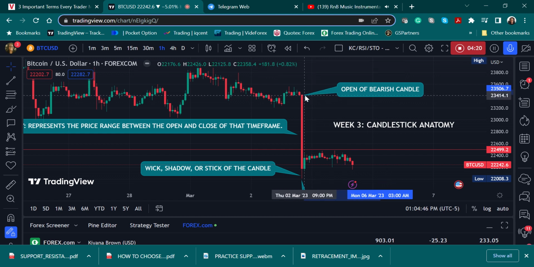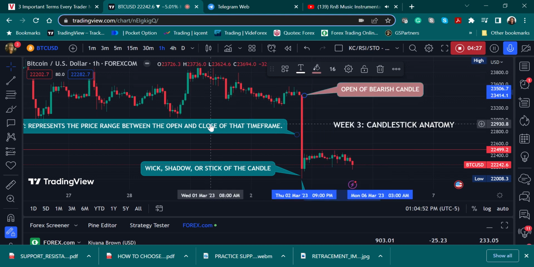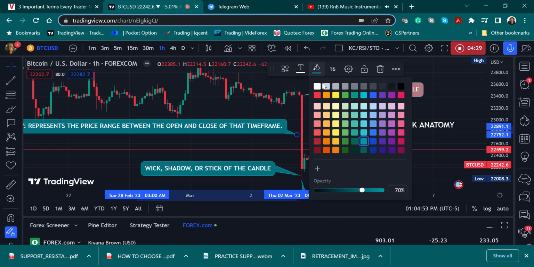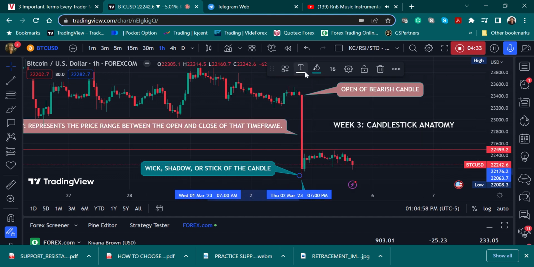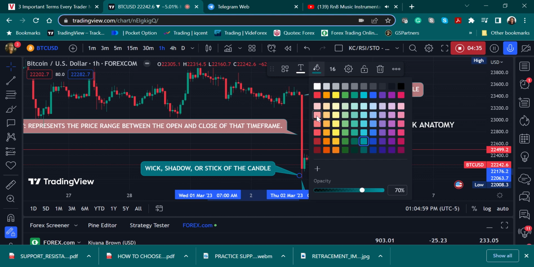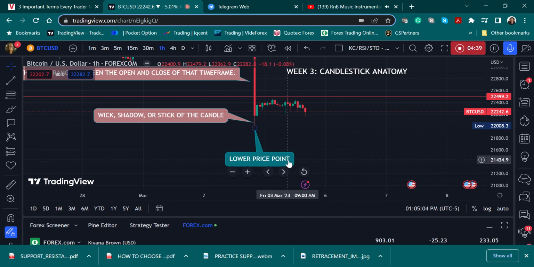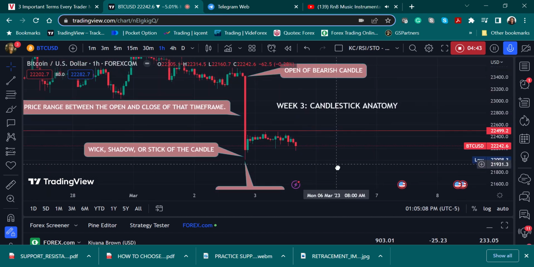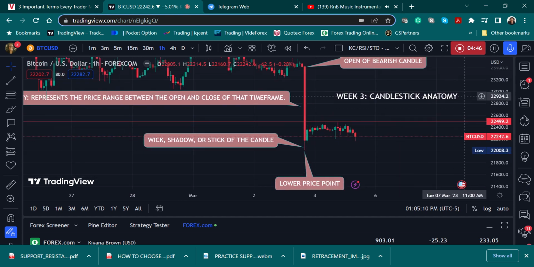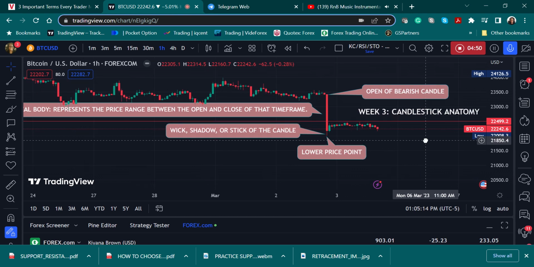I think I want to change that color to a light one, so we know what we're talking about here. There goes the call out. Let me make this a little smaller so we can put this in perspective.